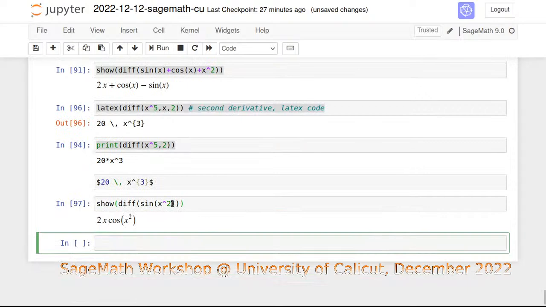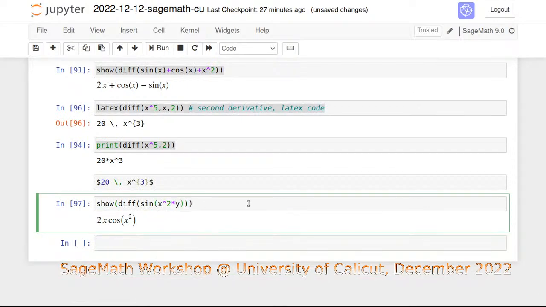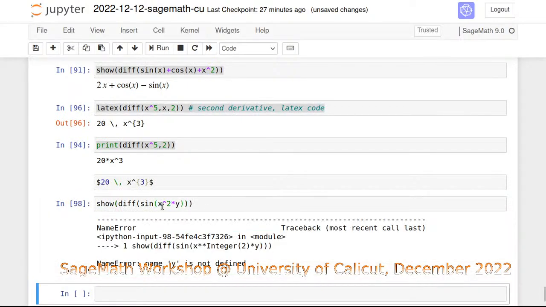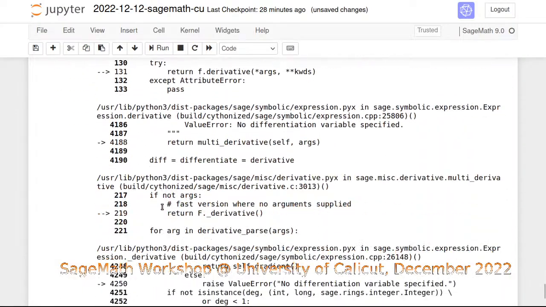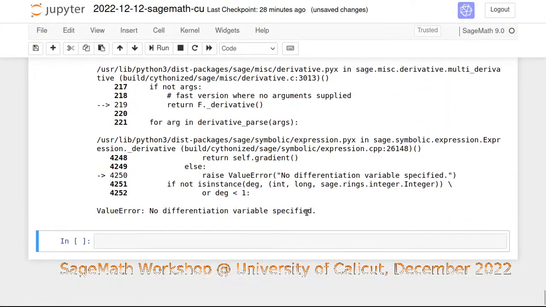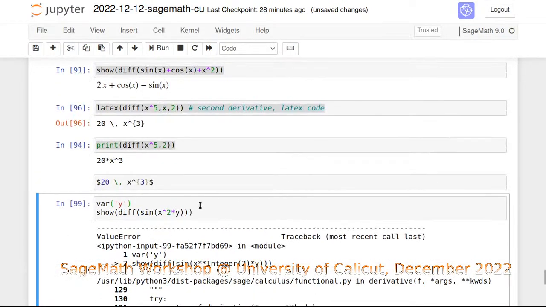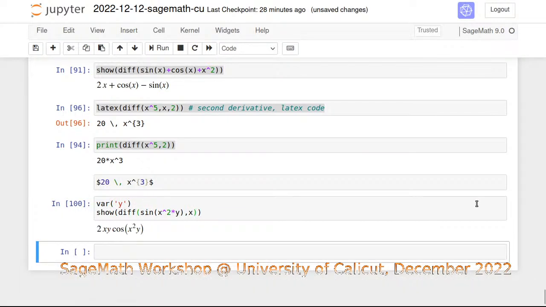Sorry, x square y is missing. Okay, variable is not defined. Still there is an error that no differentiation variable is specified. Therefore, if there are multiple variables, you need to specify with respect to which variable you want to differentiate. Suppose x, you get it to be this.